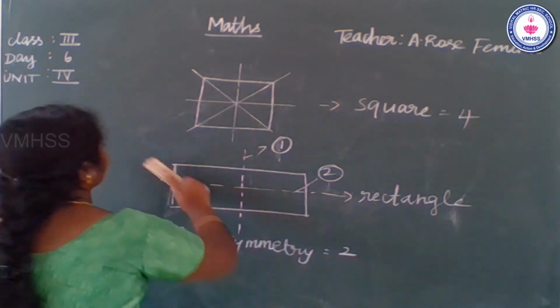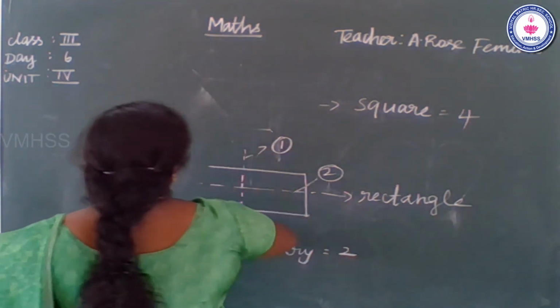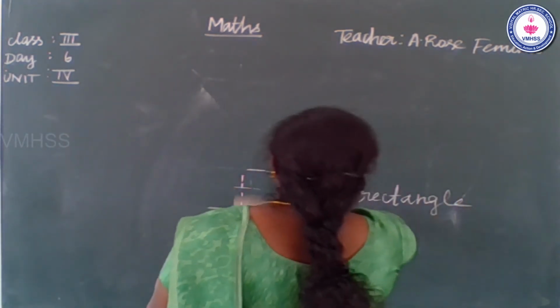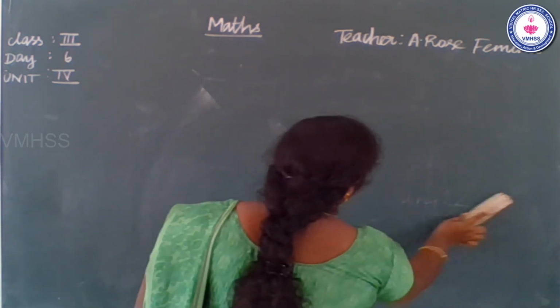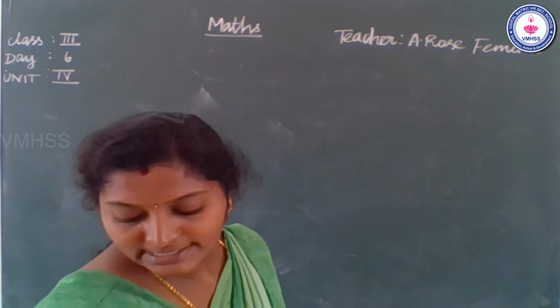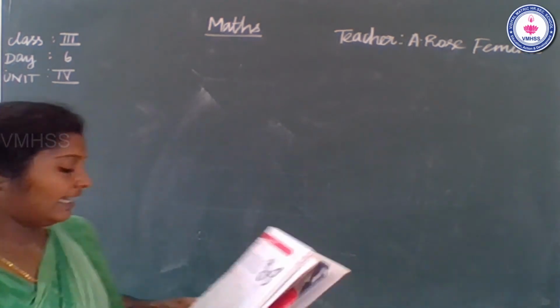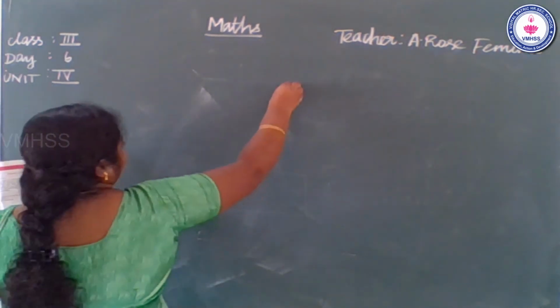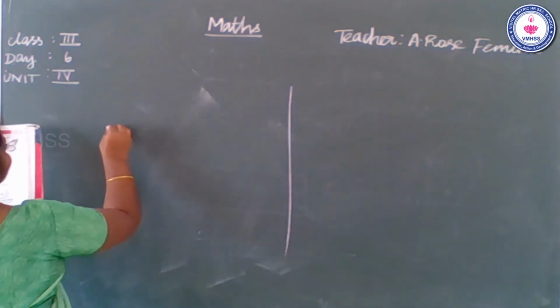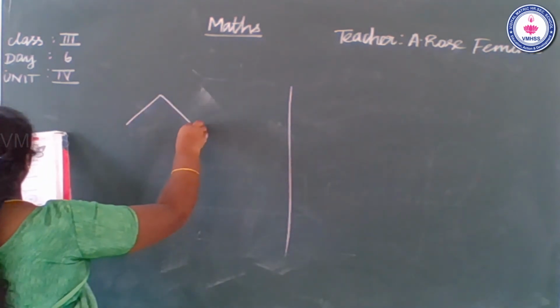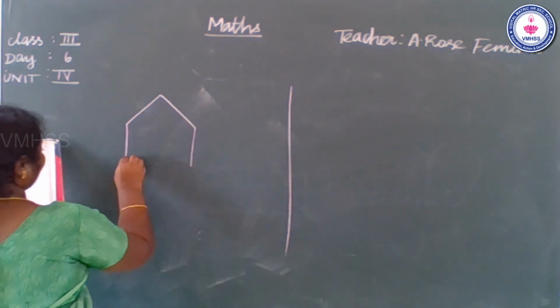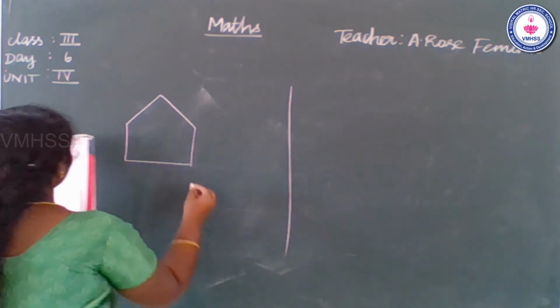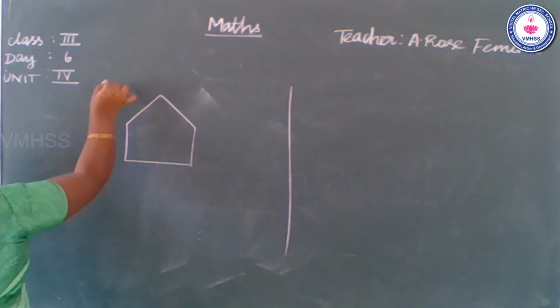What is the next shape? Pentagon and hexagon. This shape is a pentagon.